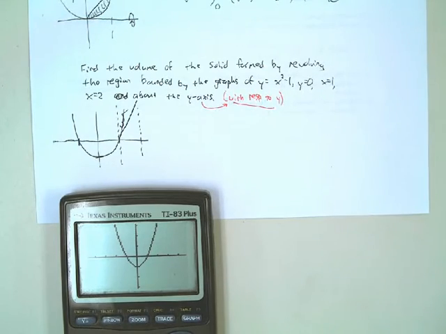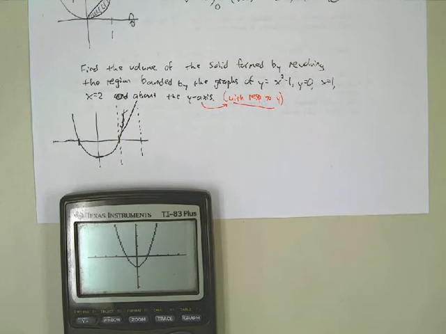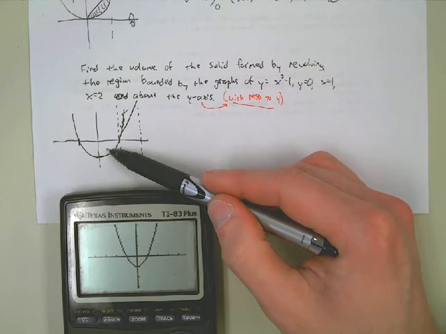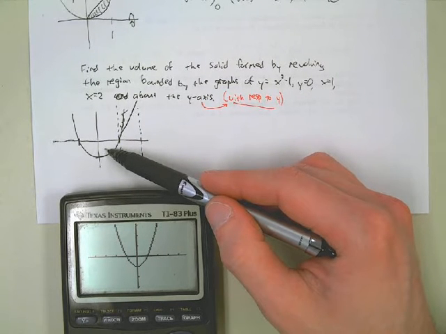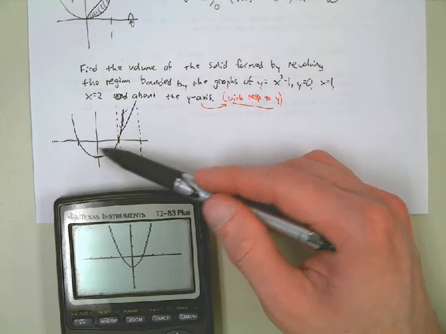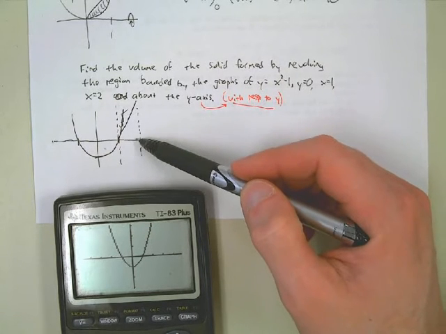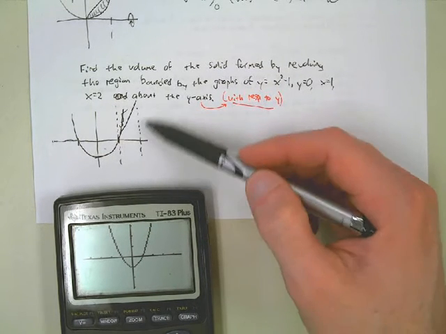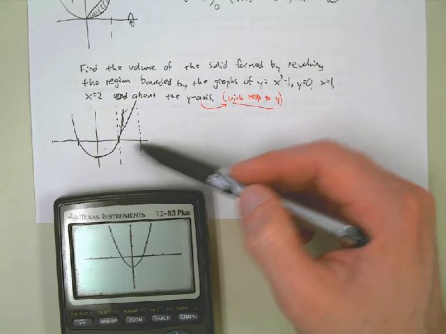Is it this? No, it's not this region. Why not? Because this region has x squared minus 1 as a boundary, it has y equals 0 as a boundary, but it does not have x equals 2 as a boundary. x equals 2 is all the way over here. So here's x equals 1, here's x equals 2, so it's got to be between these two. Here's the x-axis, there's the curve, this is the region right here.